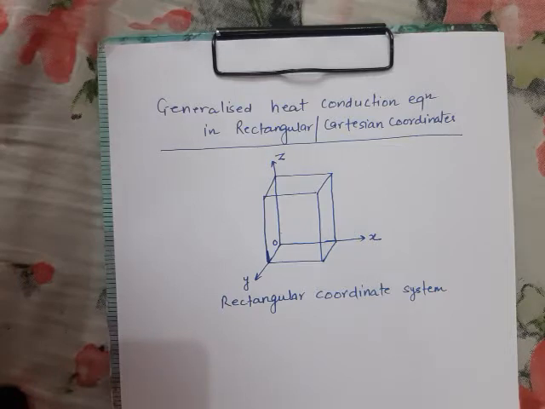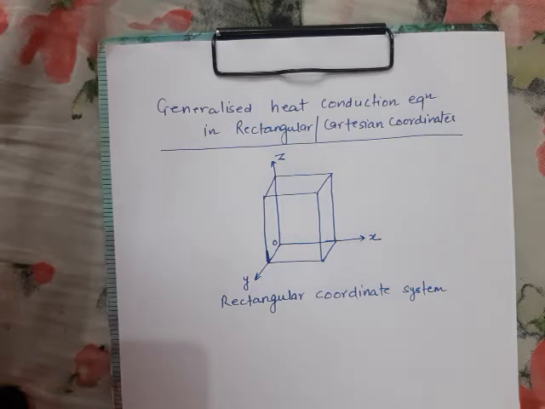Before deriving the equation, I am going to introduce the rectangular coordinate system, also known as the Cartesian coordinate system. In a rectangular coordinate system, the location of a point is specified by its distance from each of the axes, that is from the x, y and z axes. Please note how a point in space is specified.